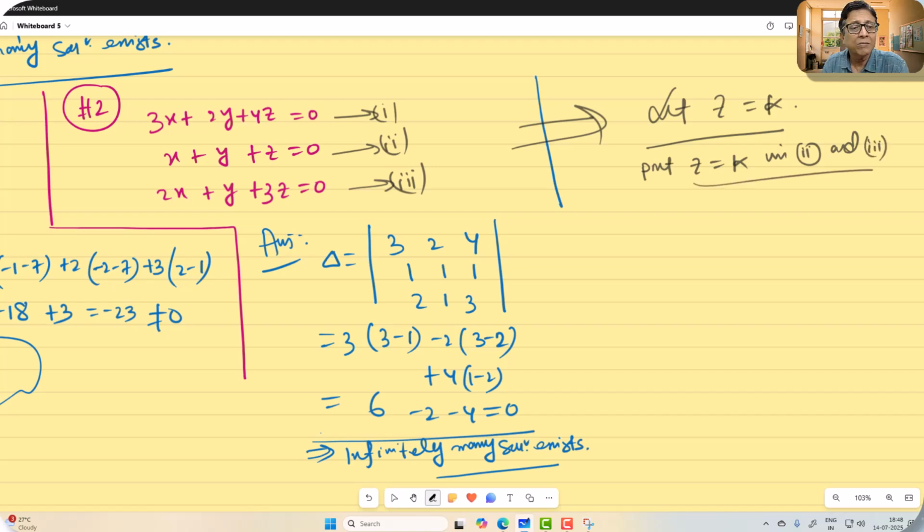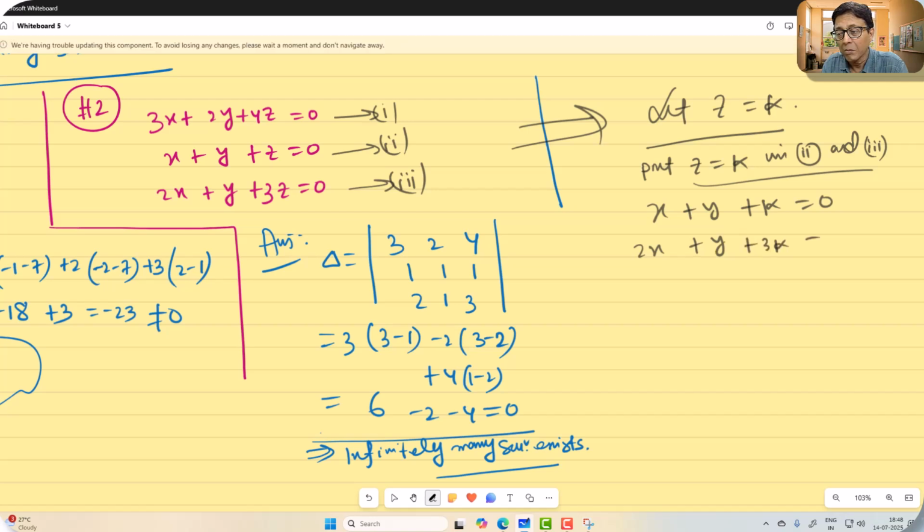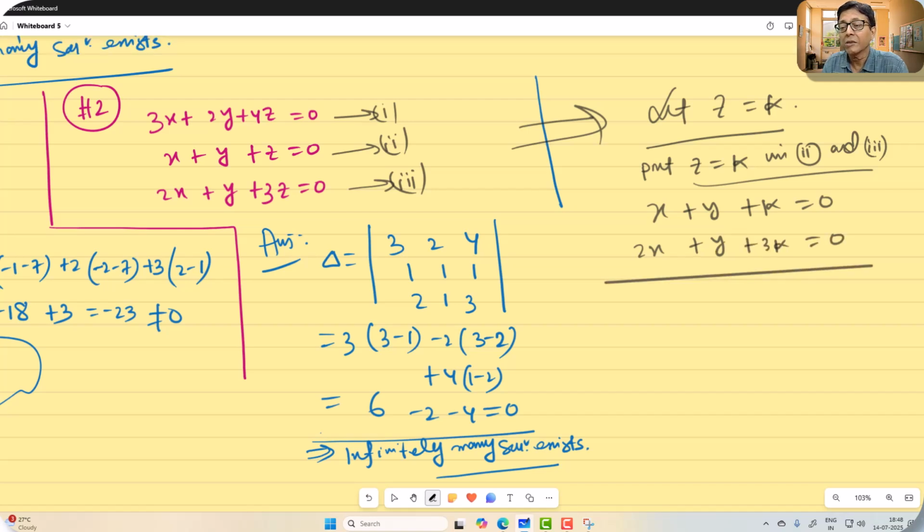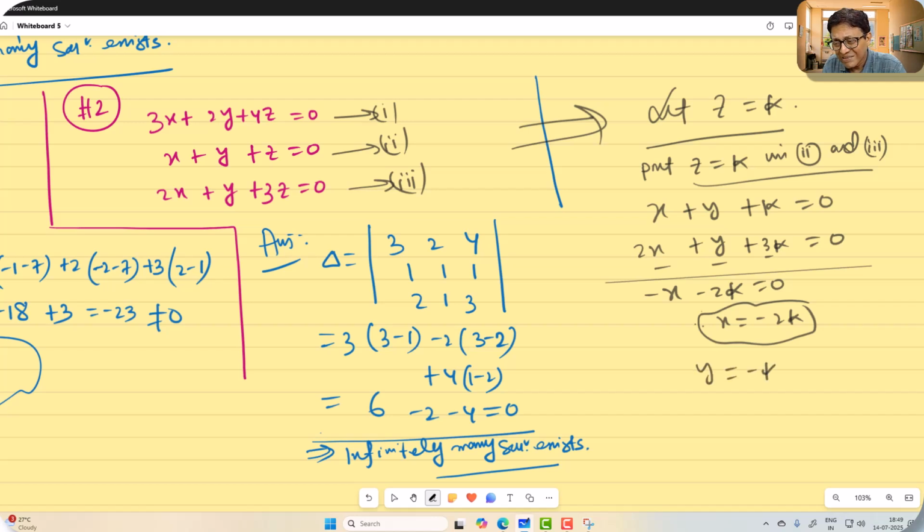Just do it there. x plus y plus k equal to 0, okay. So just subtract. So x equal to minus 2k and y is what? k.